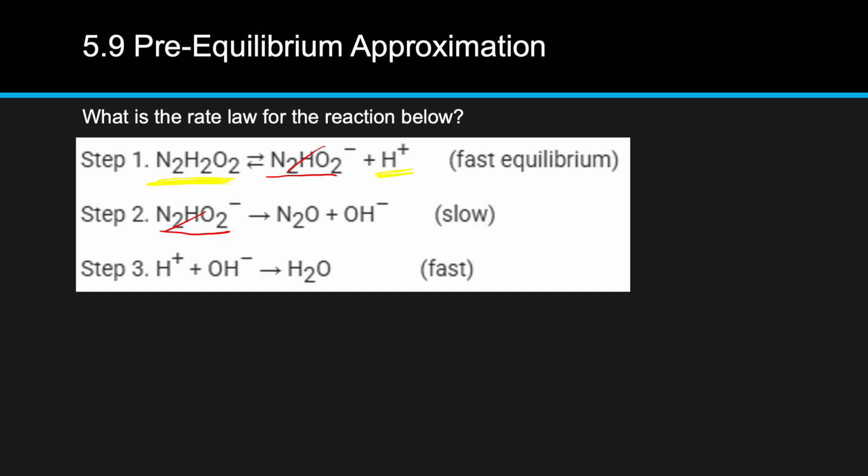So when we are writing our proposed rate law, we are going to write rate equals k times the concentration of our reactant, N2H2O2, and then we are going to put our product, the concentration of H+, in the denominator. And that would be our proposed rate law for this mechanism.